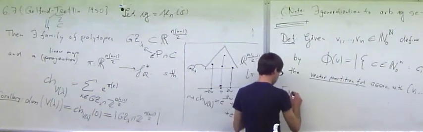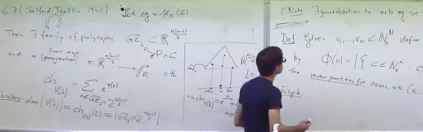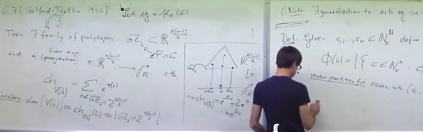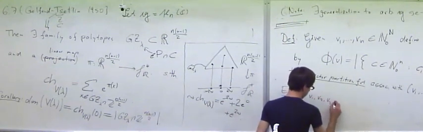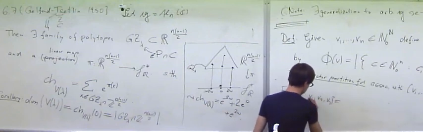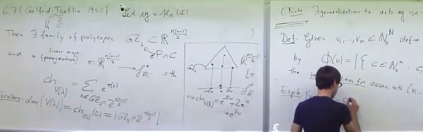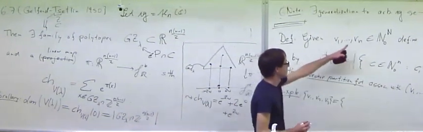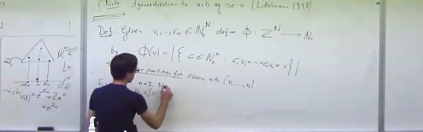So my favorite example actually is the following. So what are the vectors v1, v2, v3? Maybe I just should first determine n is 3 and capital N is 2.